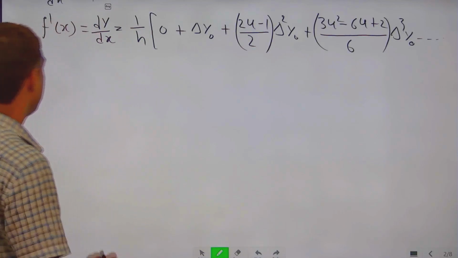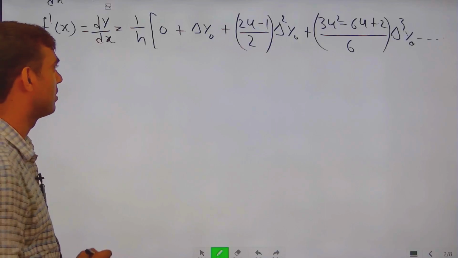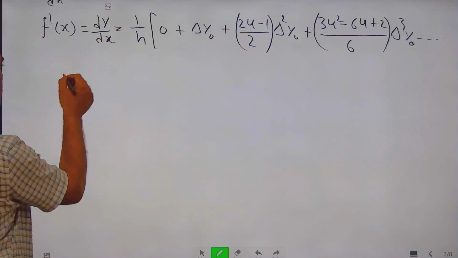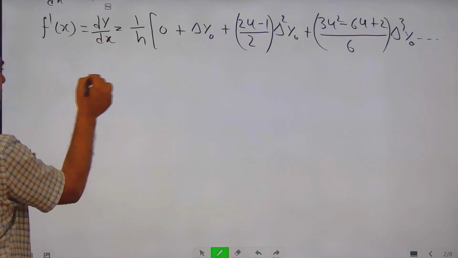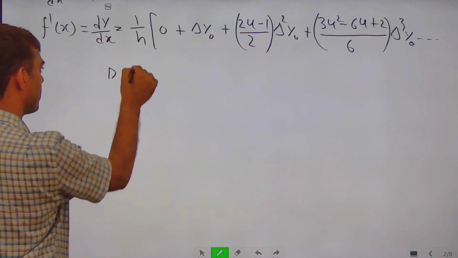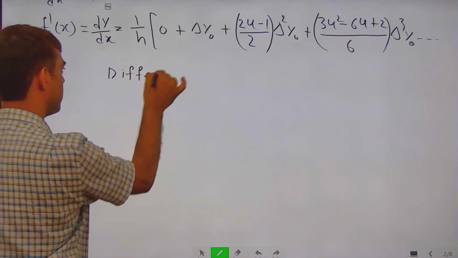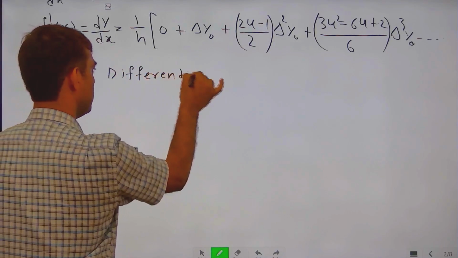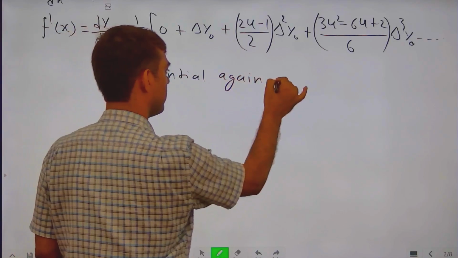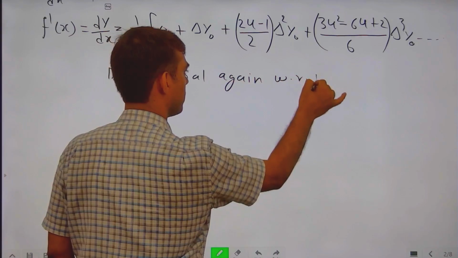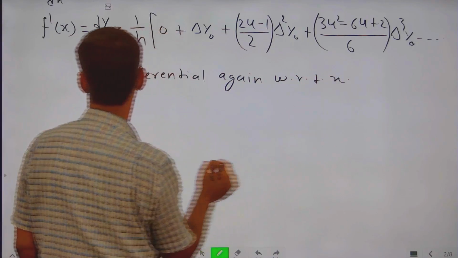So, if we try to find out a second order derivative, it is not a very tough task. Once again we differentiate this one, then this becomes f''(x). Differentiate again with respect to x, then what will happen?